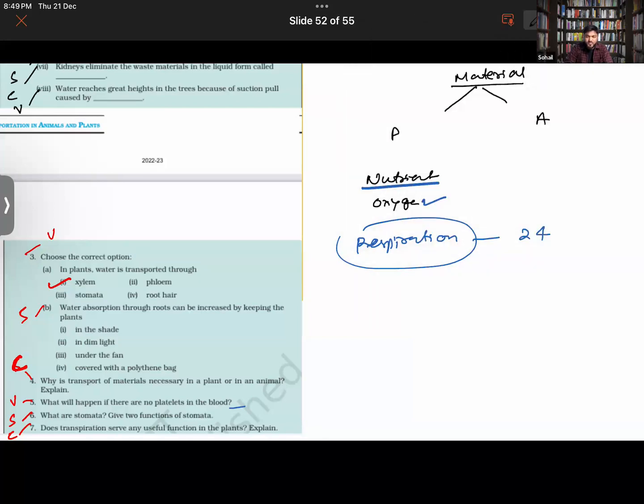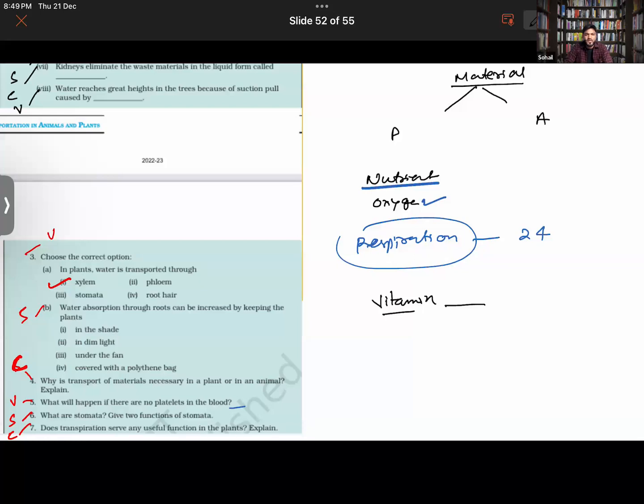Which vitamin helps in blood clotting? Anyone has any idea?